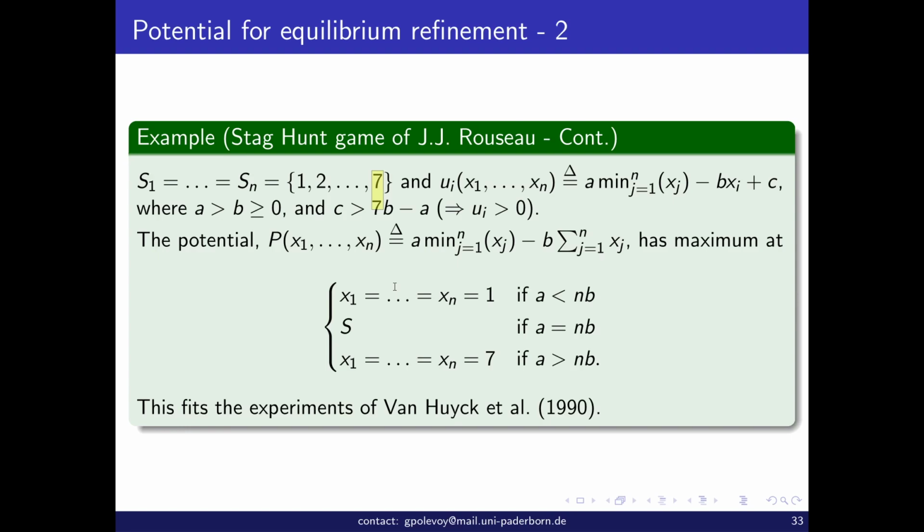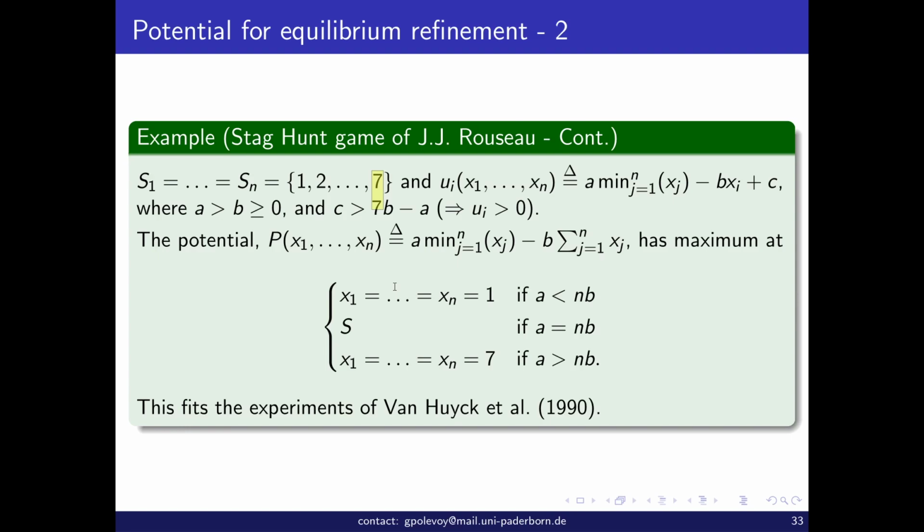And please notice that these are not all the equilibria, but these are exactly the points which people chose to do in the experiments which were conducted by Van Huyck in 1990.